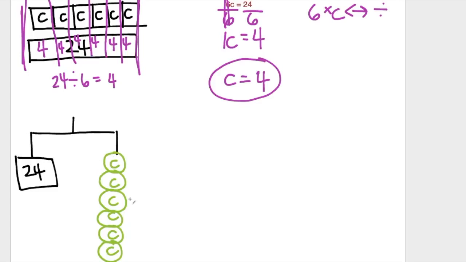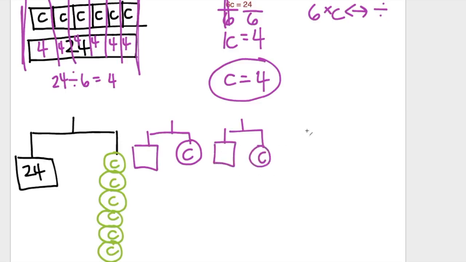If I know that 6 c's are equivalent to 24, we're not actually going to do this, but we can imagine each of these c's grouped with a different value of its own, right? So then the question would be, how much would each of those c's have to equal in order for all of the smaller blocks to add up to 24?